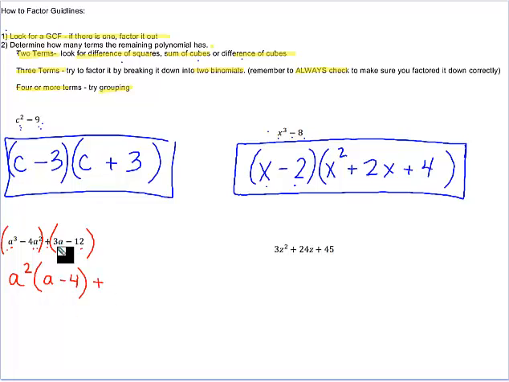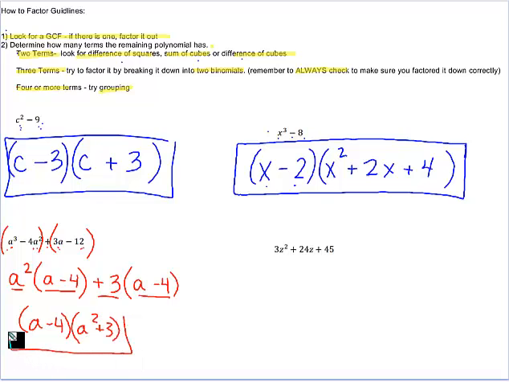Plus, the second term, 3a and 12, has a GCF of 3. So if I take a 3 out, I am left with a minus 4. So now we have a squared times the quantity a minus 4 plus 3 times the quantity a minus 4. The a minus 4s are now in common, so we can take that out, and we are left with a squared plus 3. So they're factored.